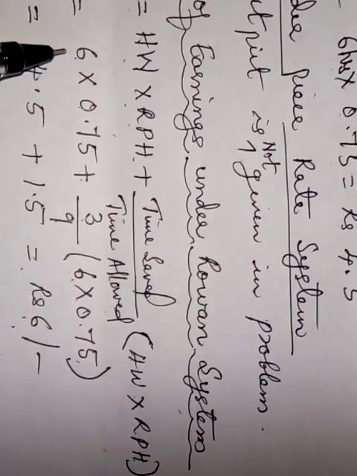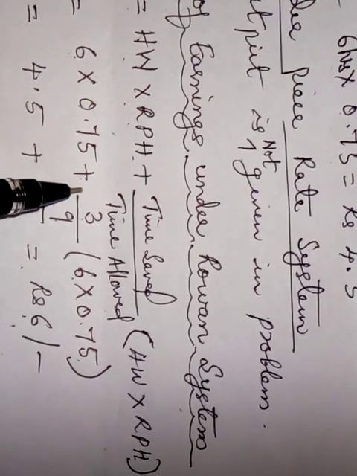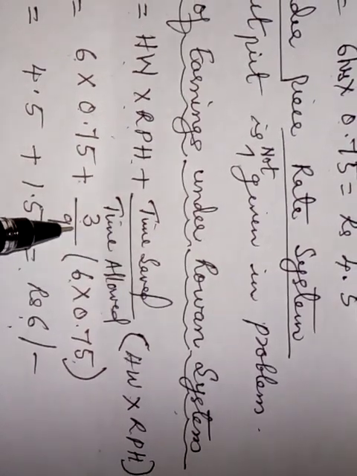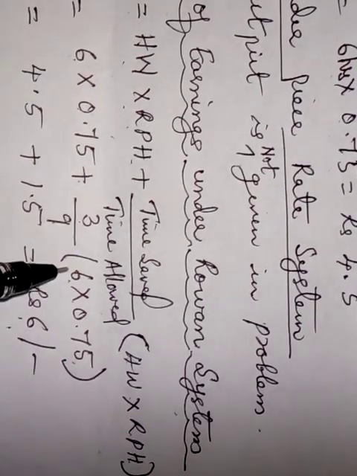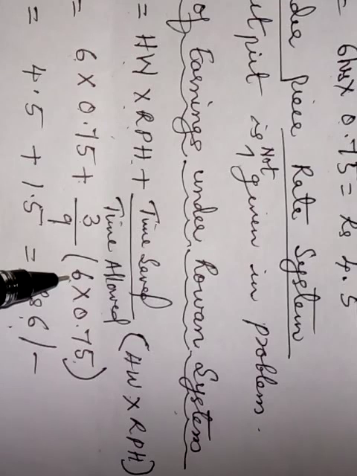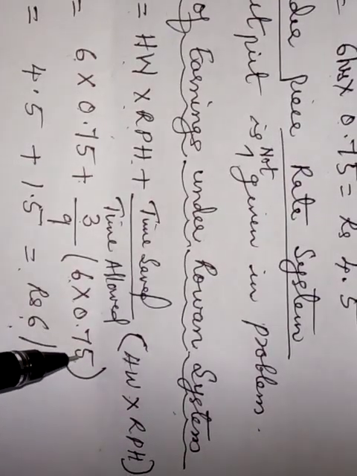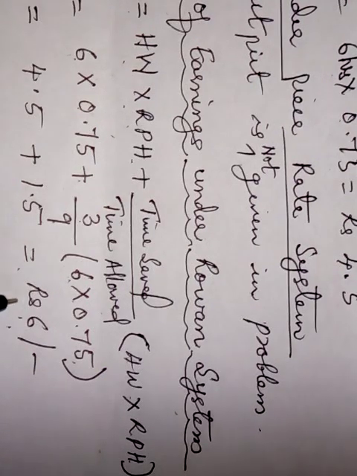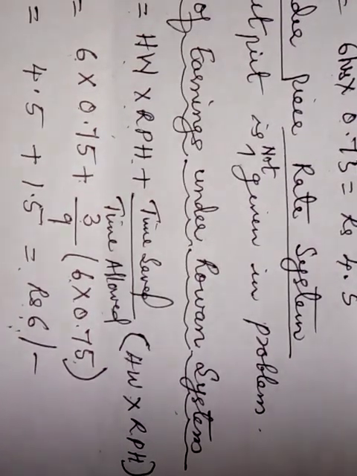So hours worked is 6 into rate per hour 75 paisa plus time saved 3 hours by time allowed 9 hours into hours worked 6 hours into rate per hour 75 paisa. With this calculation, the earnings come to rupees 6 under Rowan's plan.